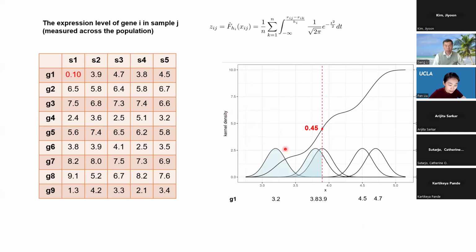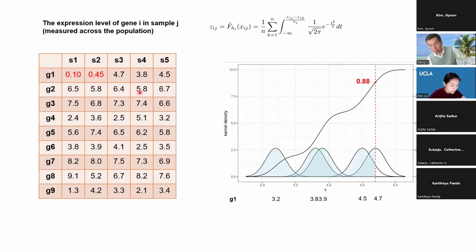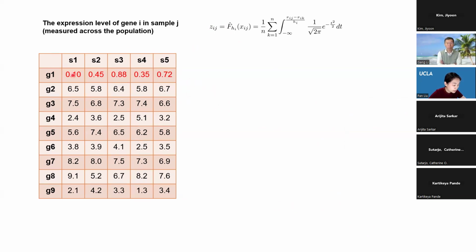We do the same for the second point, 3.9, which corresponds to 0.45 on the CDF curve, so Z12 would be 0.45. And for the third value, 4.7 is 0.88. We do the same thing for all the values in the first row. So here, this is the relative expression level for gene 1.